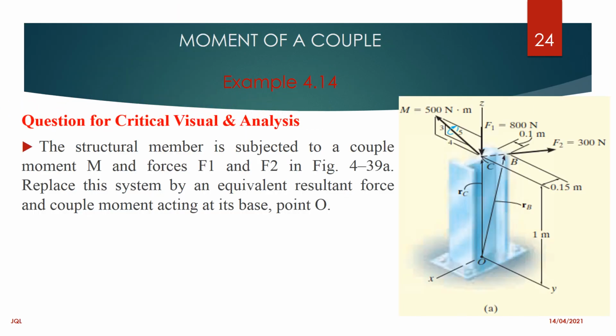This is also the same principle where the question is very tricky. The structure member is subjected to a couple moment M. There's F1, F2. Replace this system by an equivalent resultant force and couple moment acting at its base.